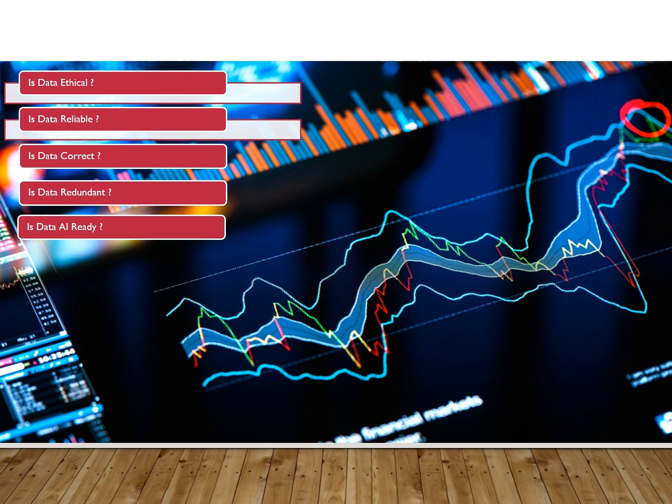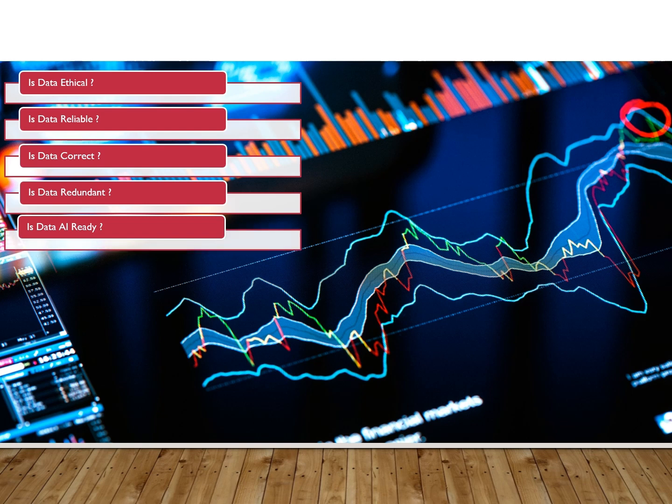In terms of data reliability, verify the consistency and dependability of a data source to ensure trustworthy outcomes. Correct data has to be based on facts. And you don't want redundant data in your systems. That's going to cost you more, give you hallucination, and give you all kinds of problems. In data readiness, you need to ensure your data is pre-processed, cleaned, and formatted to meet the requirements of AI and machine learning models. In one line, you need to massage your data a lot before you feed it into the training model.